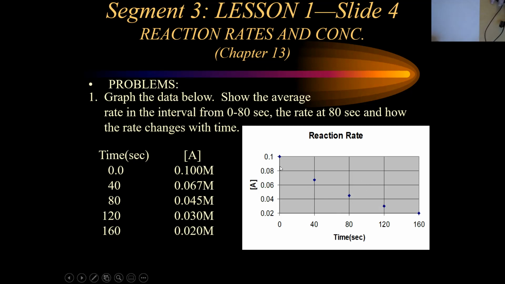Now, here's something else I want you to keep in mind. You never, ever, ever just draw a straight line, point to point to point to point. Don't do that. That's going to be a serious error in your graphing if you do that. You want a smooth curve between each of the data points.